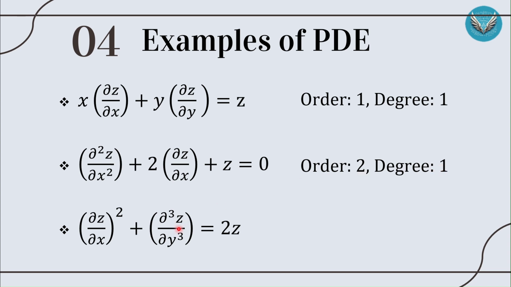In the third example, order is 3 and degree is 1, because the highest order derivative is the third order derivative, so the order is considered as 3 and the corresponding power to that highest order derivative is 1. So the order is 3 and the degree is 1.